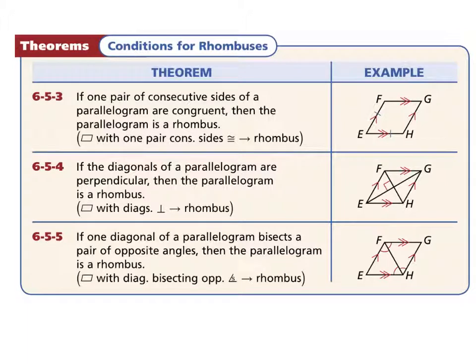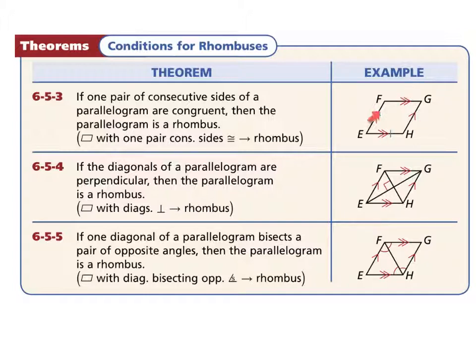Now below are some conditions you can use to determine whether a parallelogram is a rhombus. So the last two are proving that it's a rectangle. Here we can prove if it's a rhombus. Once again, you'll notice that we all have to know that they're all parallelograms to begin with. So if one pair of consecutive sides of a parallelogram are congruent, then the parallelogram is a rhombus.